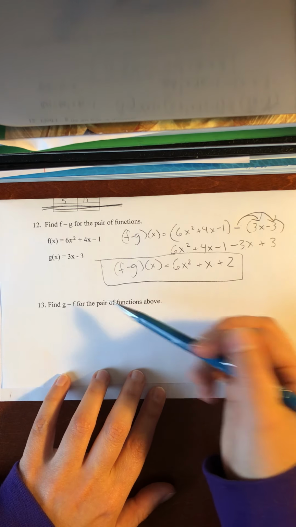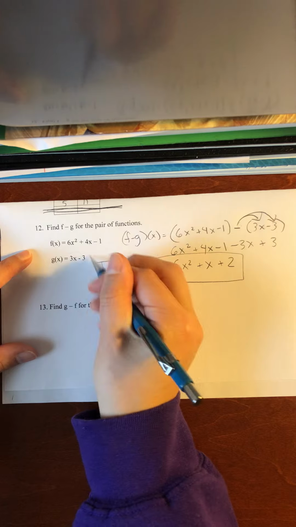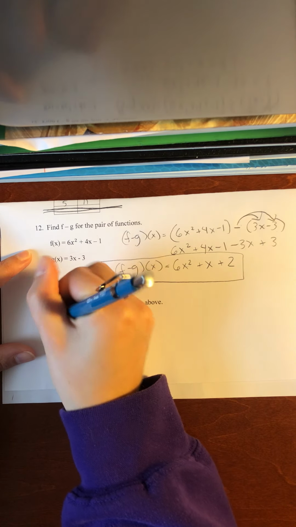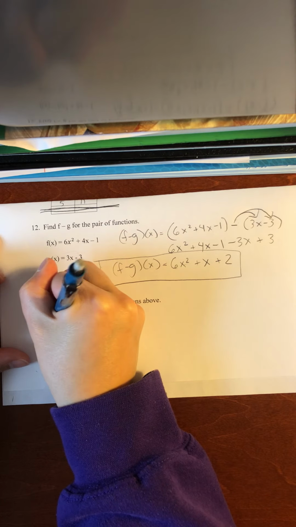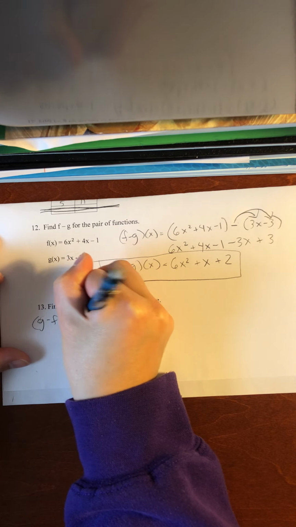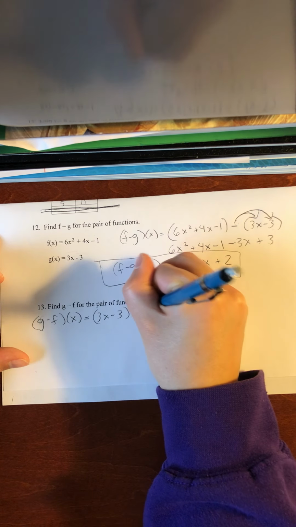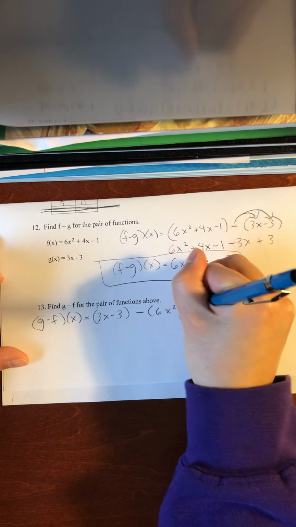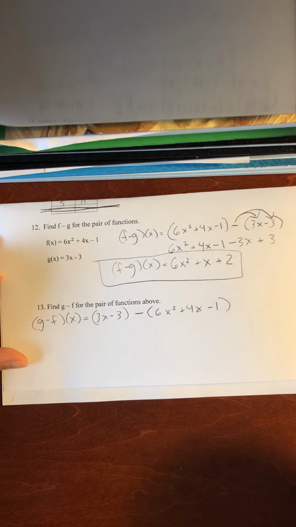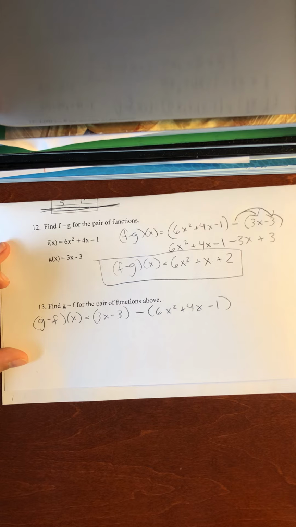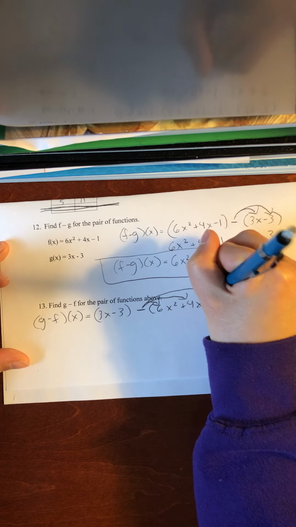Now we're going to do g minus f. So instead of doing f minus g, we're going to do g minus f. So the one you want to list first is this one. So g minus f of x equals 3x minus 3 minus 6x squared plus 4x minus 1. So now this negative distributes to all of these terms.